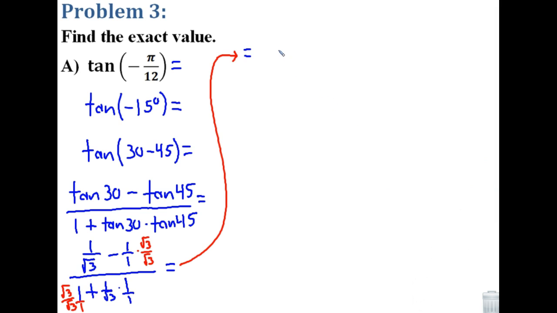So in the numerator I have 1 minus root 3 over root 3, divided by, in the denominator, root 3 plus 1 over root 3. Still looking ugly, but we've turned this into a single fraction in the numerator and a single fraction in the denominator, rather than two.